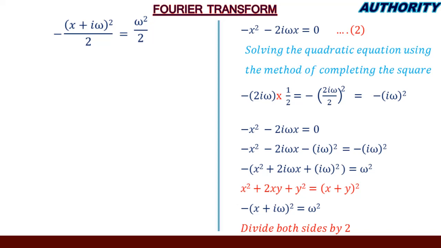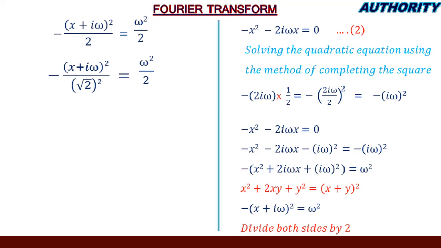All right? Good. Now, pay attention to the left-hand side. In the left-hand side, we have the denominator 2. So now, this 2 is the same thing as the square root of 2 in bracket squared.